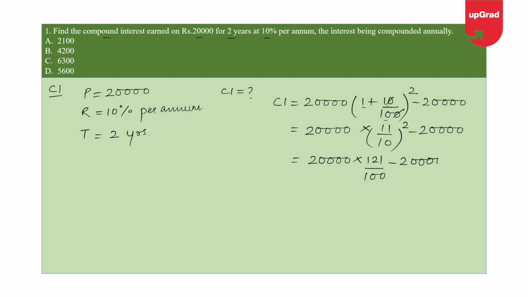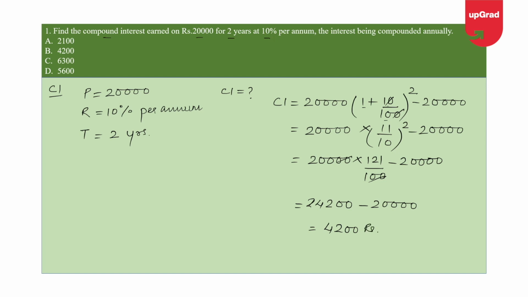So I'm solving this question conventionally, though in the examinations, we are not going to do it at all. 121 multiplied by 2 gives 242,000, minus 20,000. So I end up getting 4,200 as the compound interest.